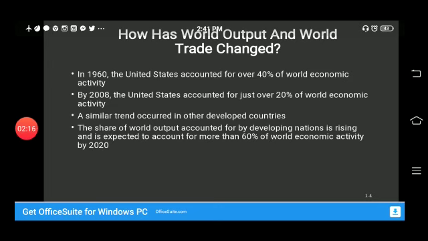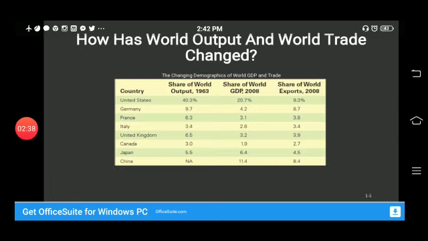Most experts expect that similar trends will continue. Countries like the US, the UK, Germany and Japan that were among the first to industrialize will continue to see their standing in the world exports and world output slip, while developing nations like China, India, Indonesia, South Korea, Thailand see their economies and the role of the global trade and investment increase.